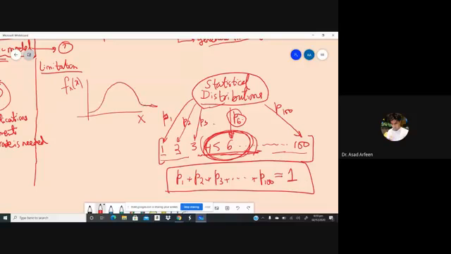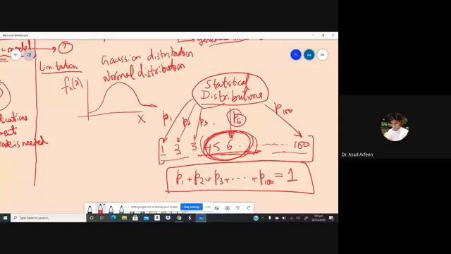This is called a normal distribution, also called Gaussian distribution, also called bell curve.